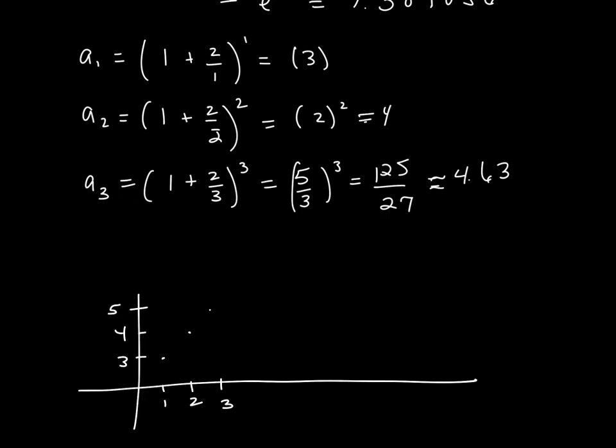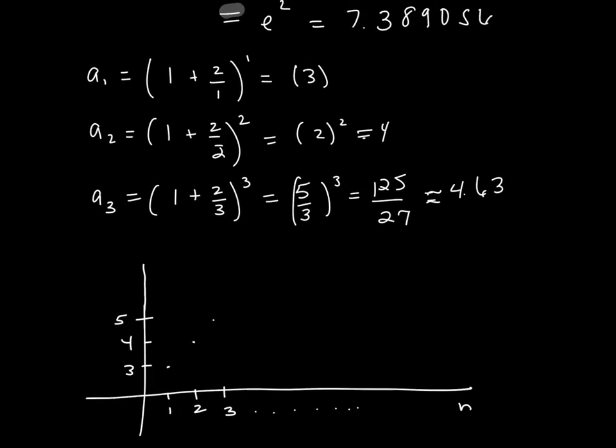What's going to end up happening as I'm coming all the way out here towards n, my limit of this graph is going to be up here at the approximation of e squared, which was 7.4. So as I'm getting closer and closer to this value e squared, which again is approximately 7.38, this graph is going to come up and limit itself here.